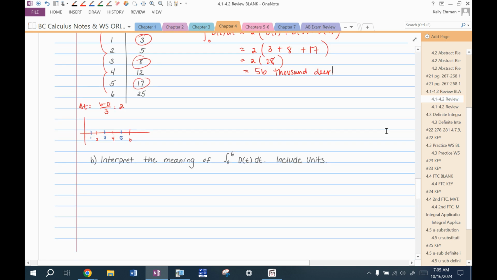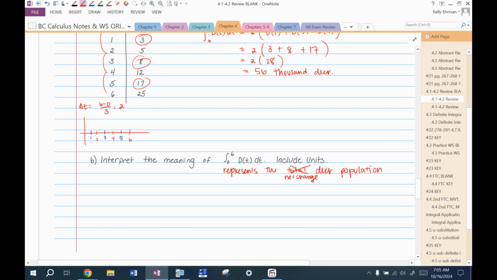Interpret the meaning of this. So this represents the total deer population. Sometimes I say, instead of total, net change.